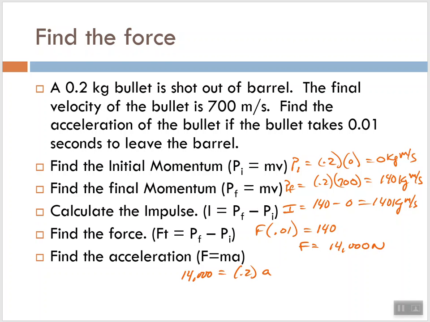Solve for the acceleration. So I'm going to divide by 0.2 again. And the acceleration of that bullet was 70,000 meters per second squared.